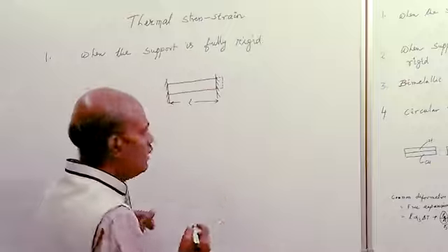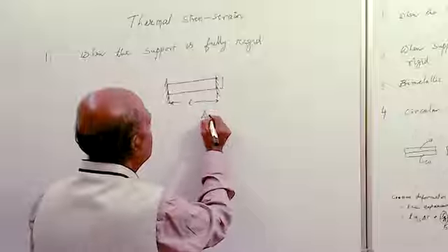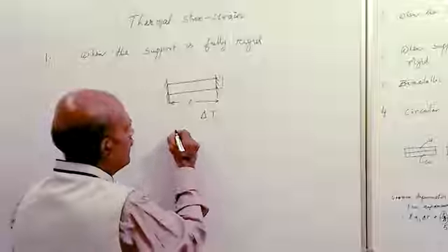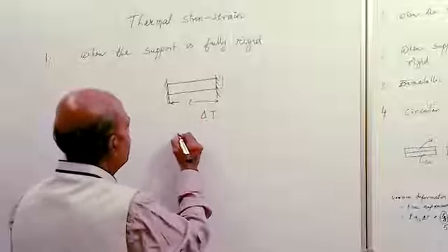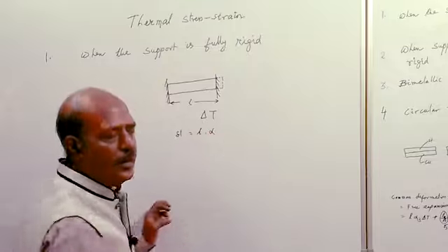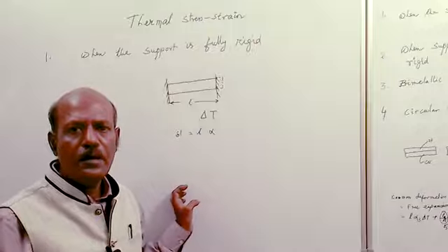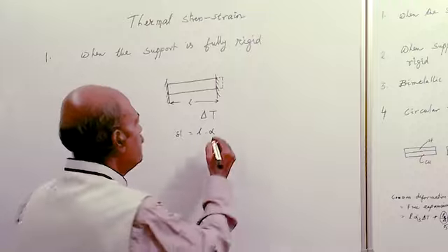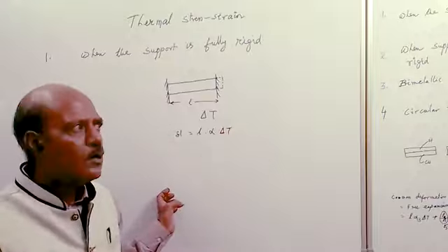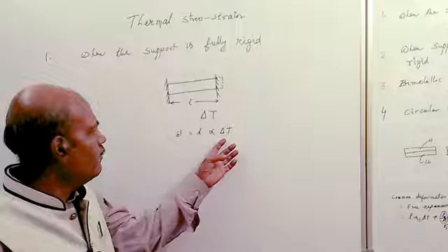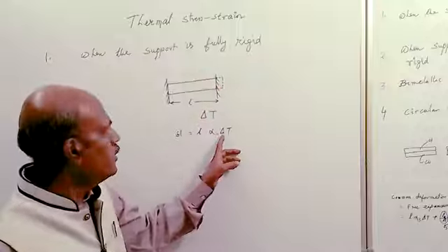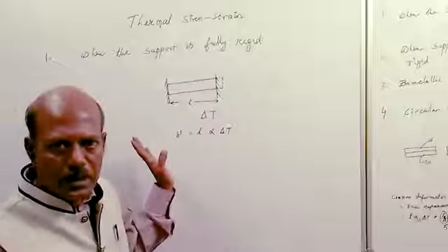Consider the rise in temperature as delta T. The expansion of the bar is given by delta L is equal to L into alpha into delta T, where alpha is the thermal expansion coefficient of the material of the bar, and delta T is either the rise or fall in temperature. If the temperature rises, the bar will expand. If the temperature decreases, the bar will contract.